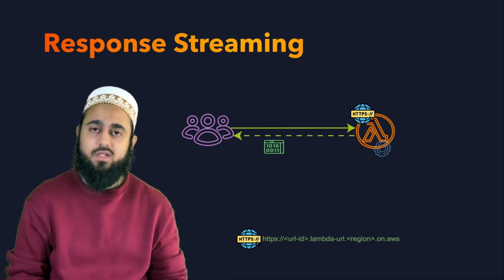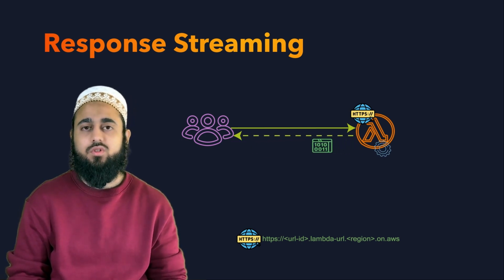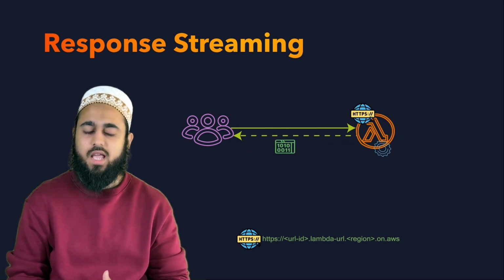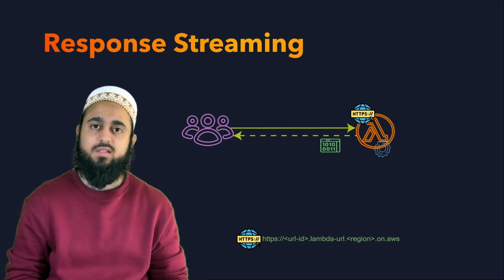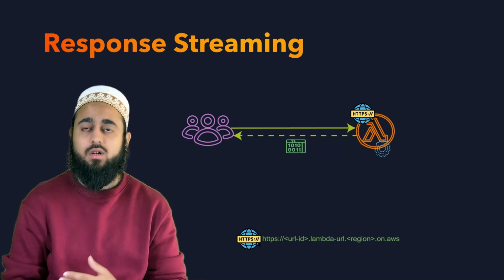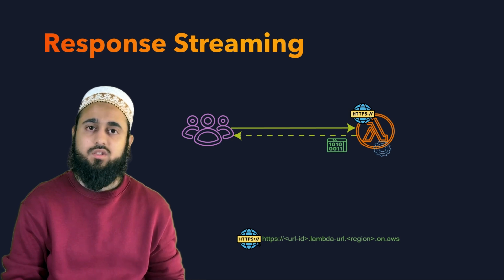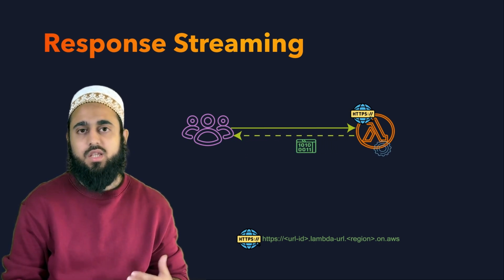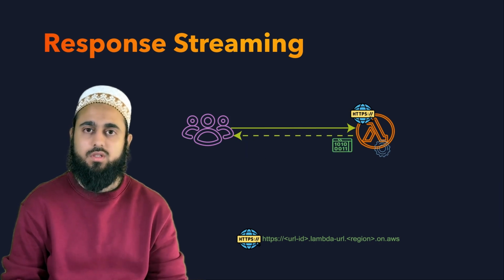And the second benefit is that it enables users to generate larger responses. AWS Lambda has a limit of 6 megabytes of response, but with this feature, users can generate a response with a soft limit of 20 megabytes, which can again be increased by sending a request to AWS.